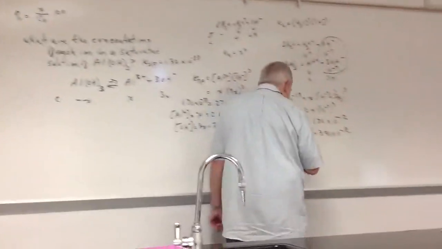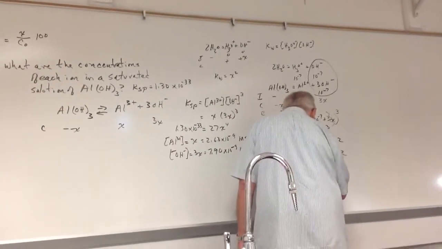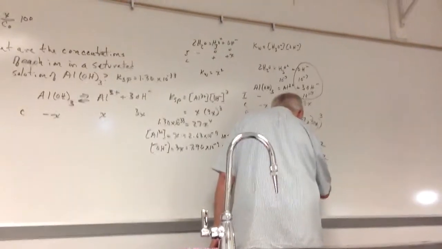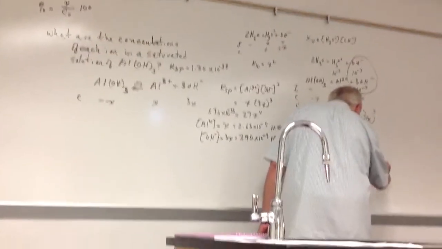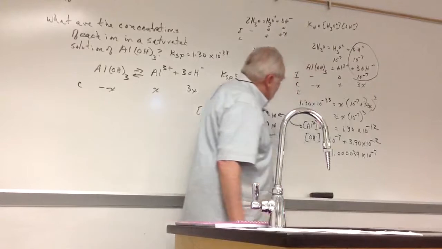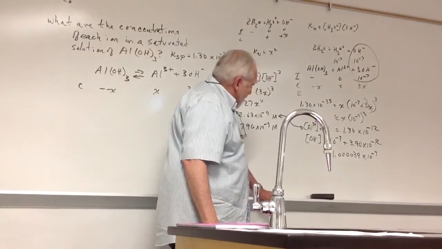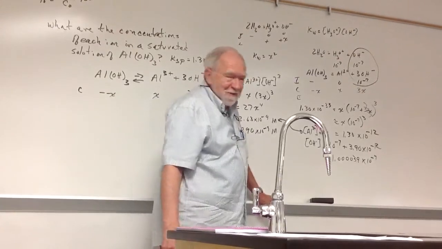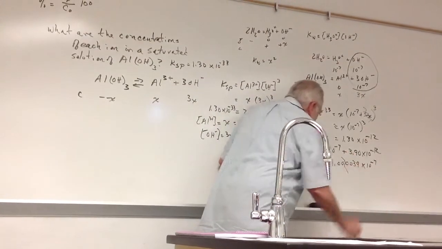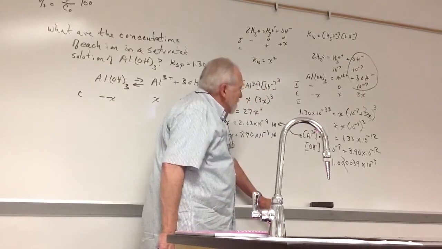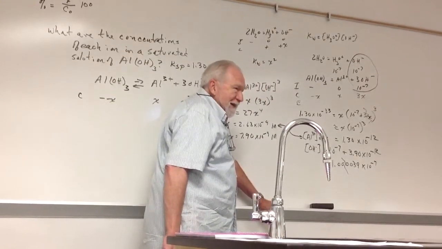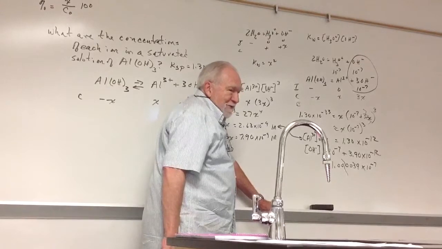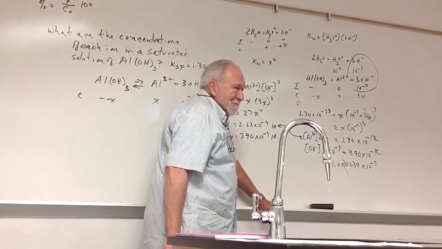Because adding those two together, 1.000039 times 10 to the minus 7. So when I added, that's what I got. And I said, I'm happy with 3 significant figures. But the point I was trying to make is my approximation is okay. I was justified in making that approximation.